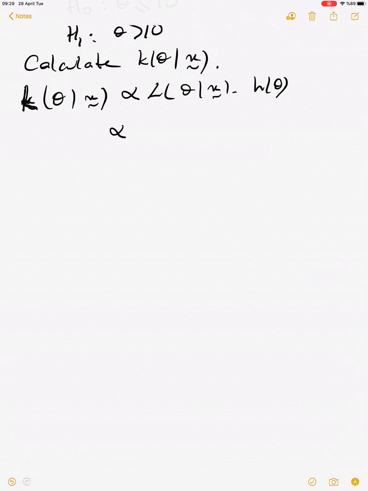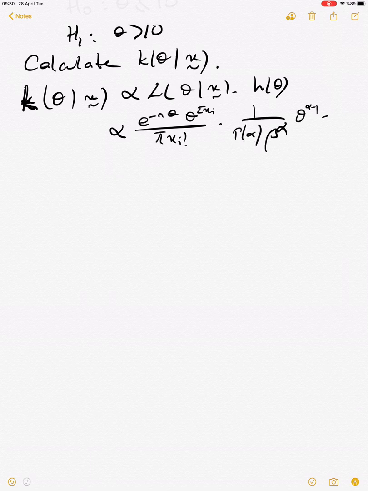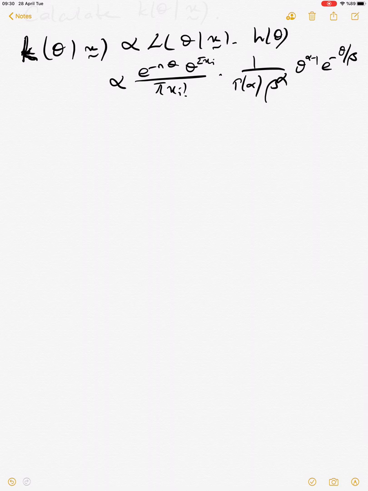So we have a Poisson random variable, and we have a gamma PDF. Okay, so here theta is the main thing. So get rid of the other things other than theta. So combine each value with theta. So we have theta to the summation xi plus alpha minus 1 and e to the minus theta, and we have n plus 1 over beta.